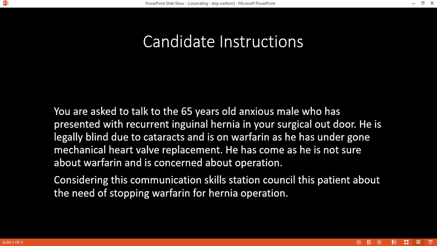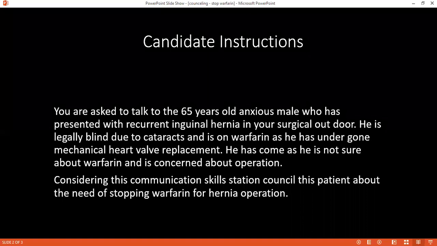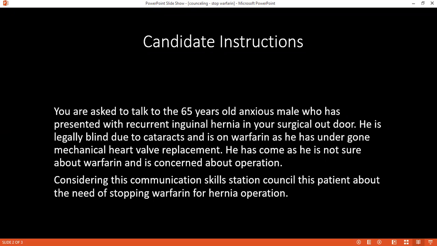Yes, initially try to calm the patient down and gain the trust. Say, your consultant has asked me to speak to you regarding this. Can I have some time from you so that I can speak? Are you ready to listen? Something like that will allay his worry. And you can just say, I appreciate your concern.